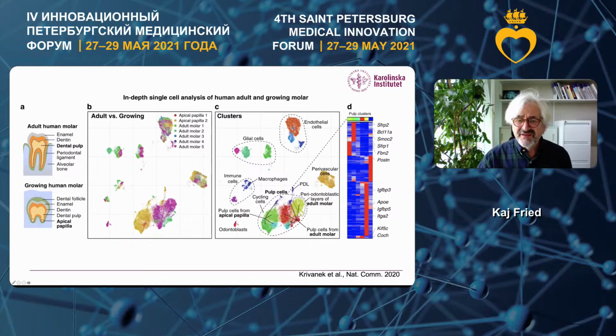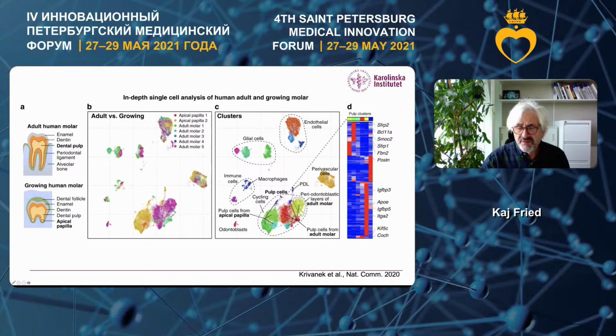Very generalized, these are quite similar to what you can see in the apical area of the mouse, and these are rather similar to what you can see in the distal part of the mouse incisor when they have differentiated.